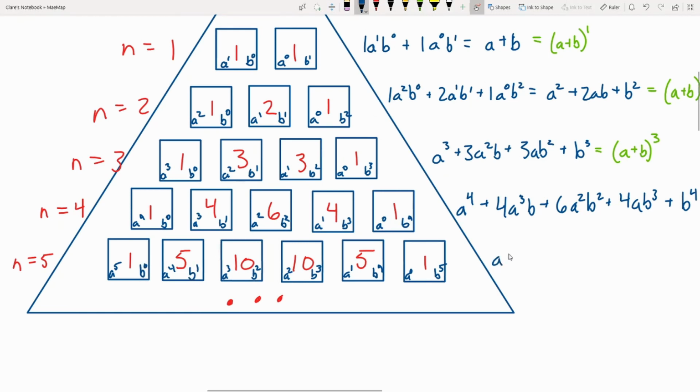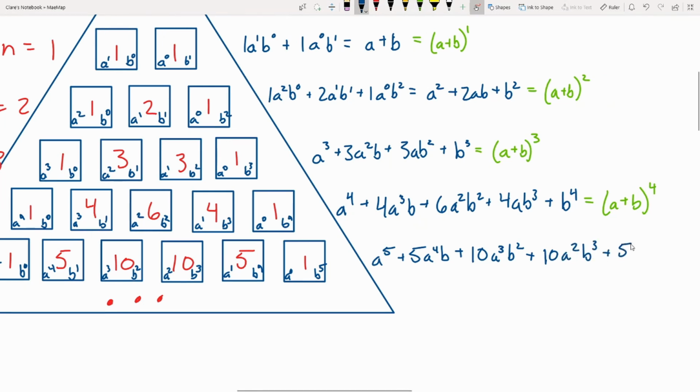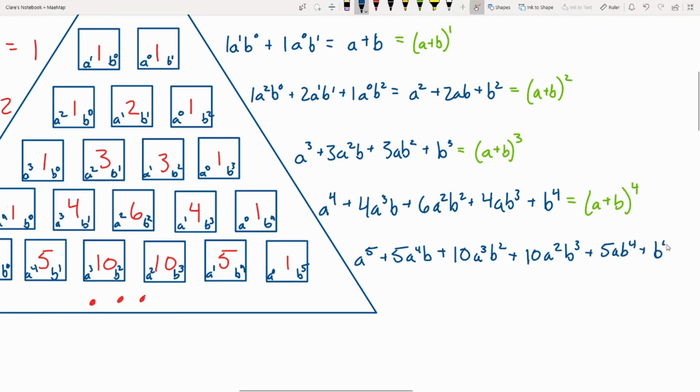So that's going to be a to the 5th plus 5a to the 4th times b plus 10a cubed b squared plus, now it's going to be 10a squared b cubed plus 5ab to the 4th plus b to the 5th. And this was a plus b to the 5th expanded out.